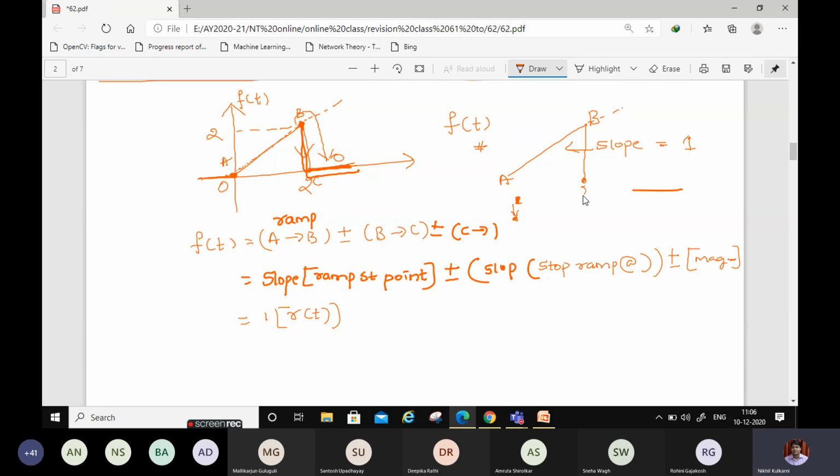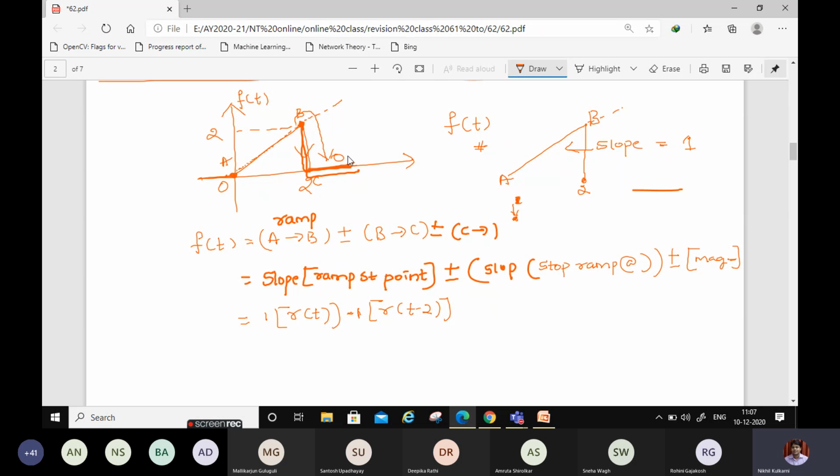Here, what is the value? It is 2. With how much slope do you have to apply? Previously it was 1, so to make it 0 you apply minus 1, then r of t minus 2, stopping at point 2. Then you get into slope 0.